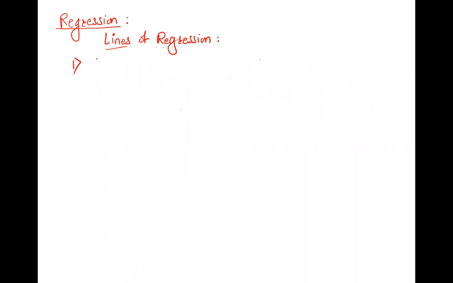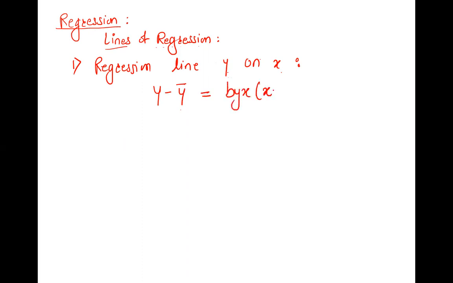First is the regression line y on x. Here you have to remember a formula. If it is y on x, it starts with y minus y bar is equal to b_yx into x minus x bar.